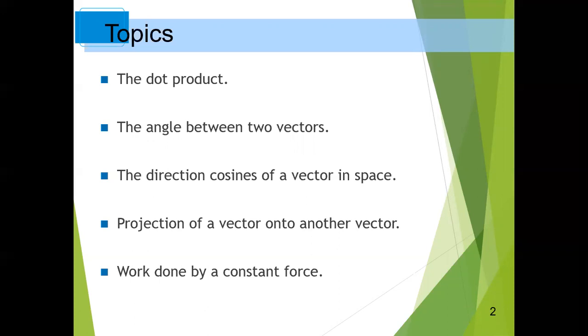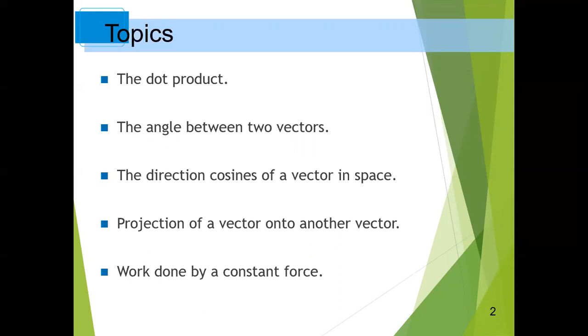We'll talk about projecting one vector onto another, which is needful in the realm of physical applications, trying to determine how forces are working together or against one another. And then finally, we'll conclude this section by talking about work.